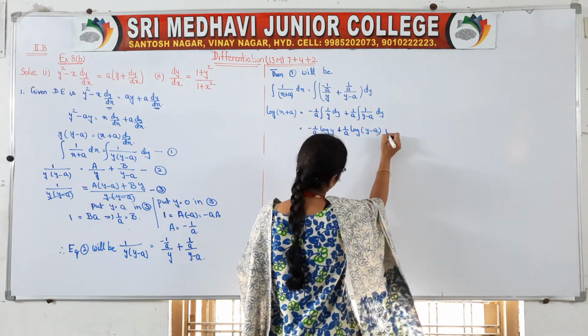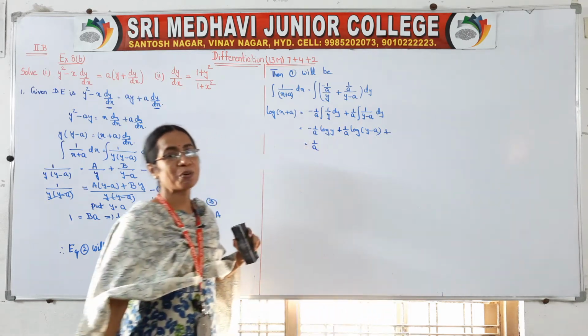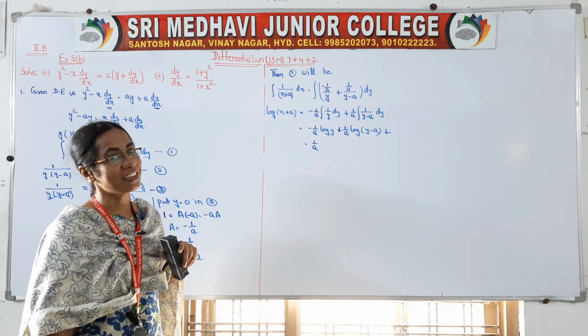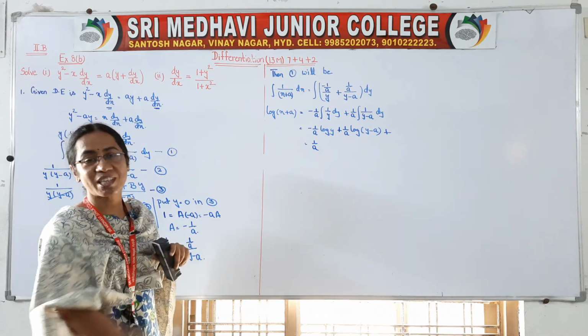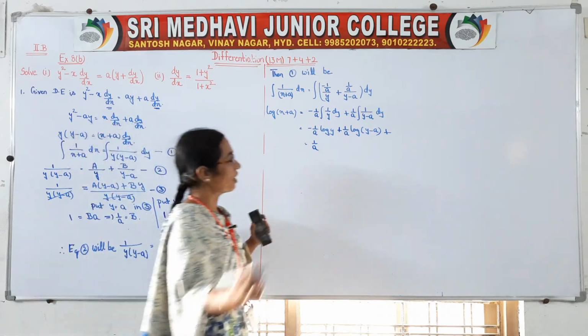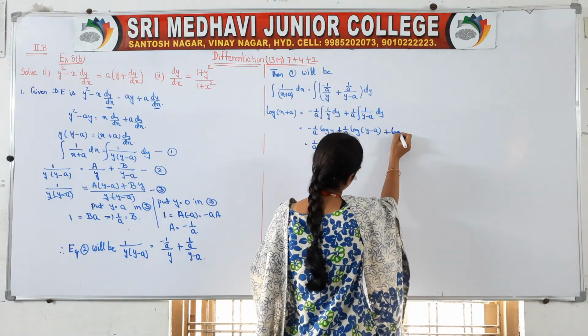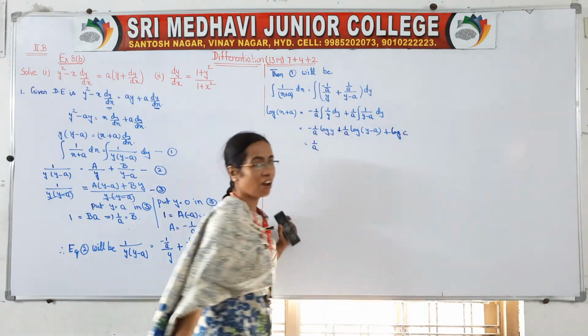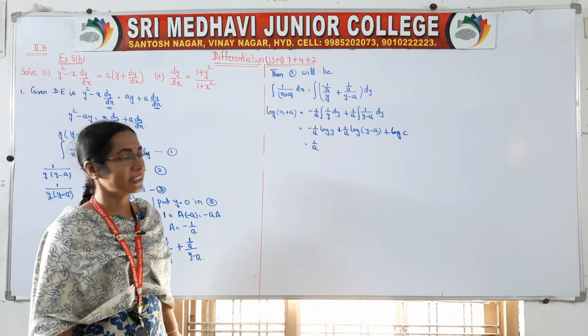Once all the integrals are over, we have to take the integral constant, and since all values are in terms of log, we have to take the integral constant also in terms of log, that is log c.